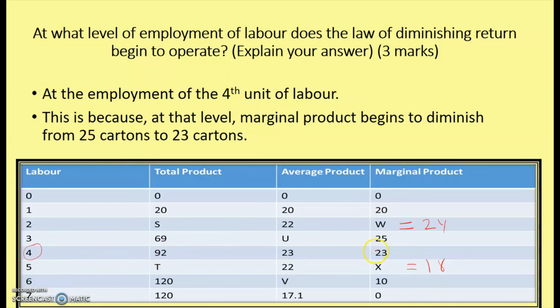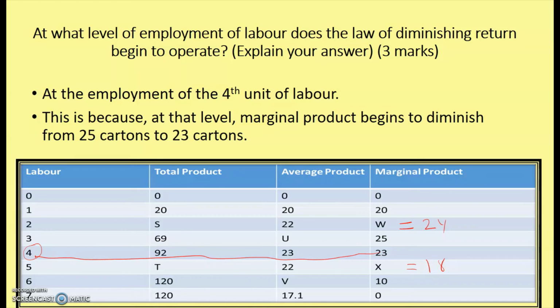So this 23 corresponds with 4 units. So your answer will be what? 4. At the 4th unit, the law started operating. That is for your explanation. So we have the solution here, that is at the employment of the 4th unit of labor.